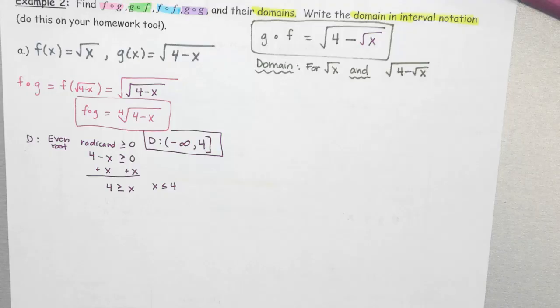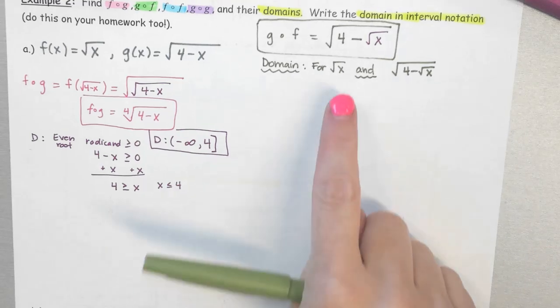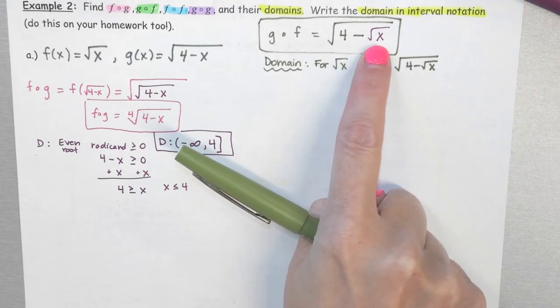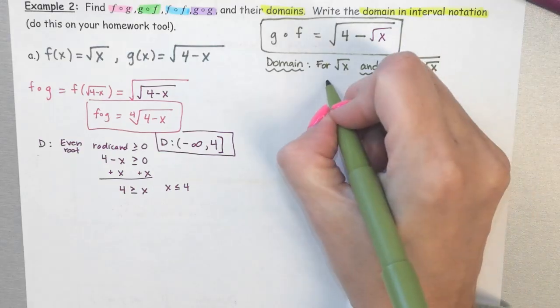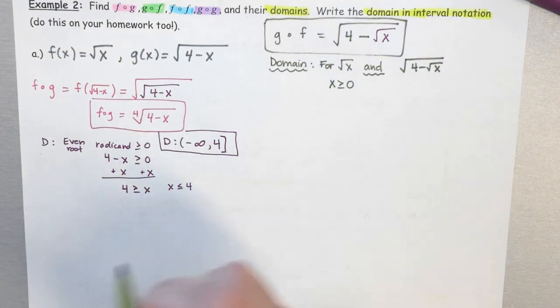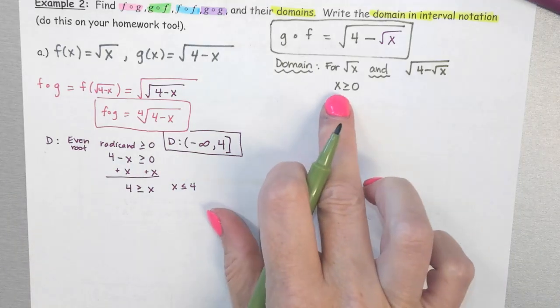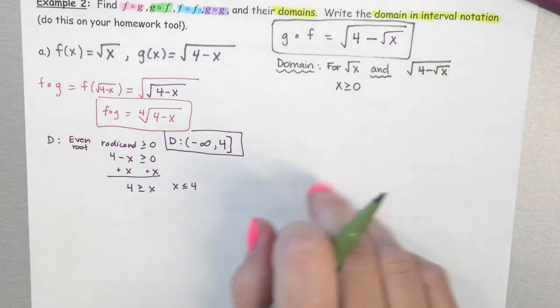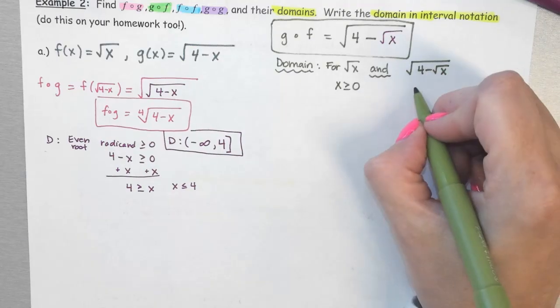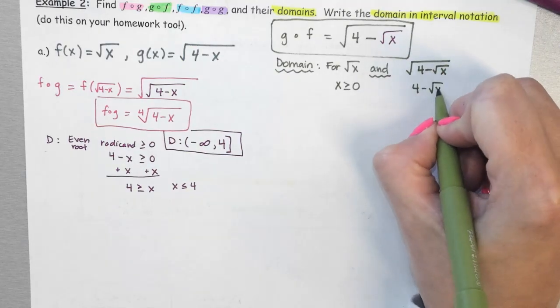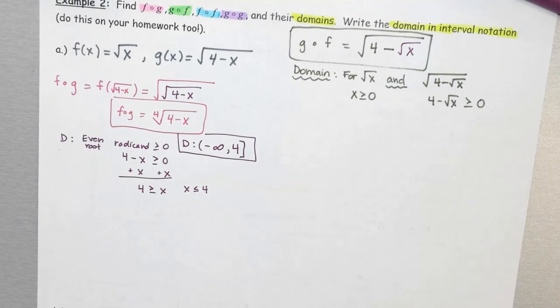You have to do the domain for each one of those cases. So for this square root, the square root of x, we know the radicand just has to be greater than or equal to 0. So we know x has to be greater than or equal to 0. For this one, the radicand is 4 minus root x, and that has to be greater than or equal to 0.